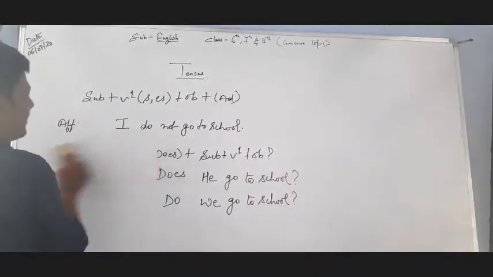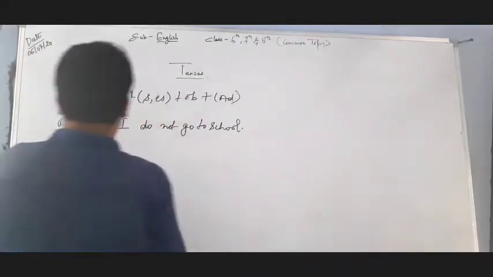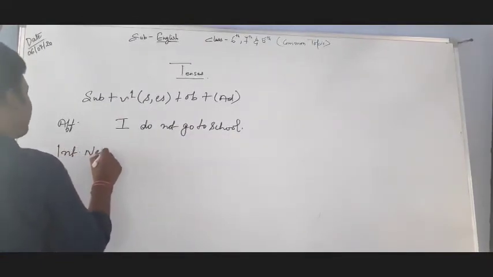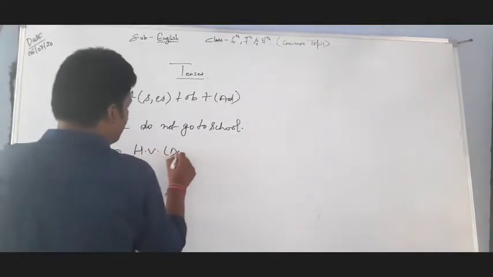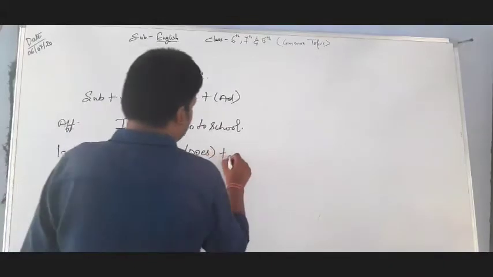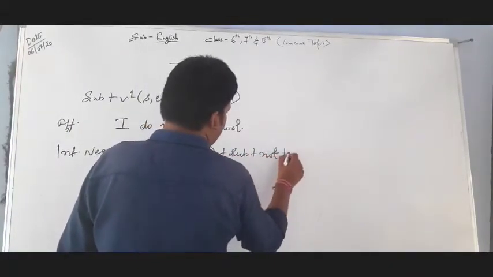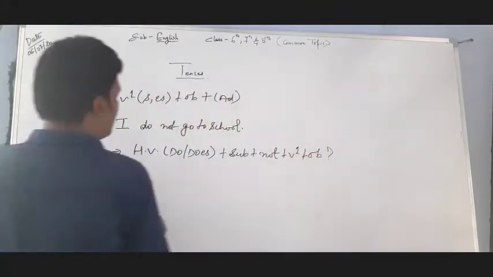Let's talk about the interrogative negative sentence. The interrogative negative sentence formula is helping verb, that is do or does, plus subject plus not plus verb first form plus object with a question mark.